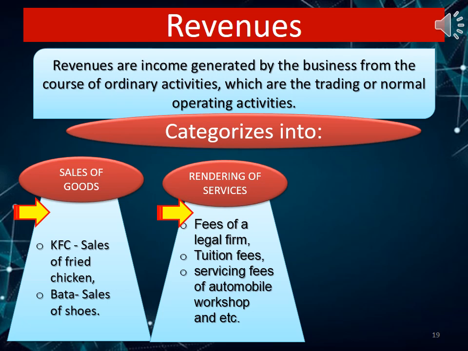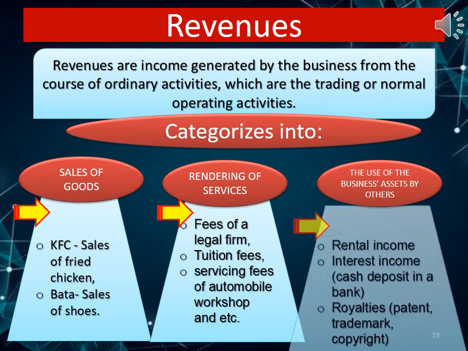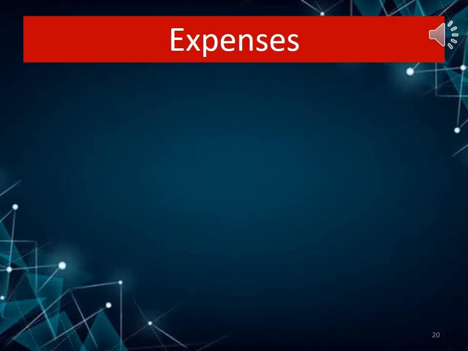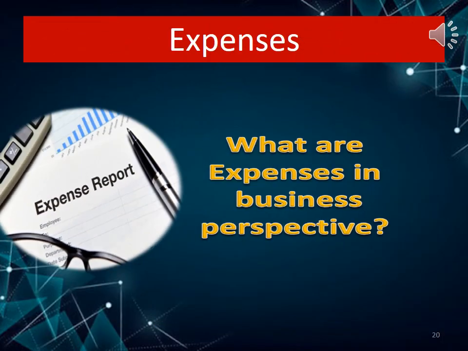And the last one, revenue from the use of the business assets by others. For examples, rental income, interest income from cash deposits in a bank, and royalties from the use of a business patent, trademark, and copyright. And the last classification is expenses.